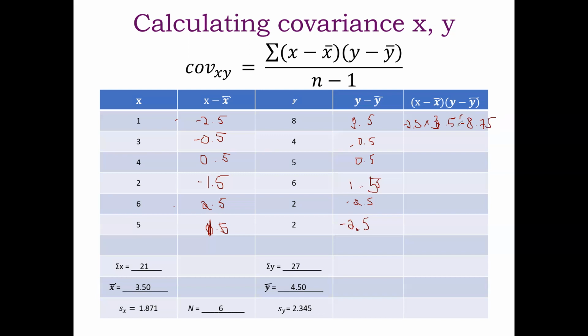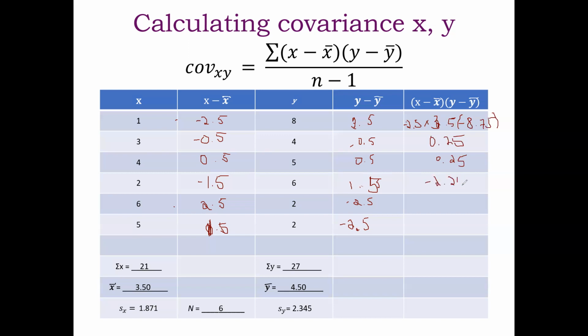That's the answer there. Negative 0.5 times negative 0.5 is 0.25. 0.5 times 0.5 is 0.25. Negative 1.5 times 1.5 is negative 2.25.